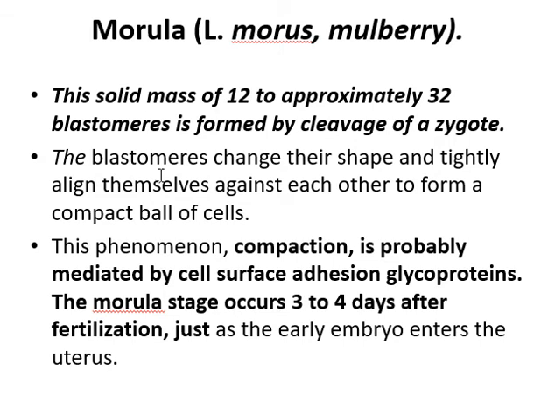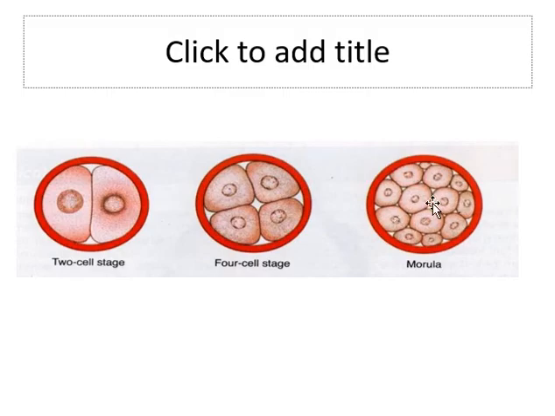To become the morula, the blastomeres change their shape and tightly align themselves against each other to form a compact ball of cells. They change their shape according to their position, and align themselves tightly with each other to fit in this structure.